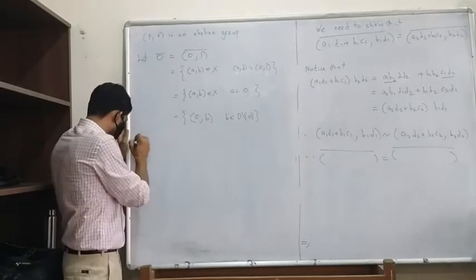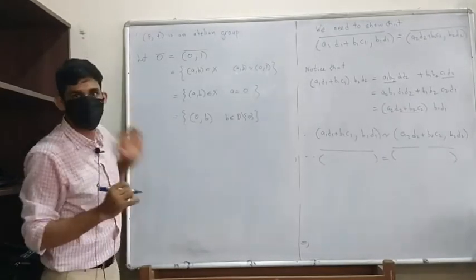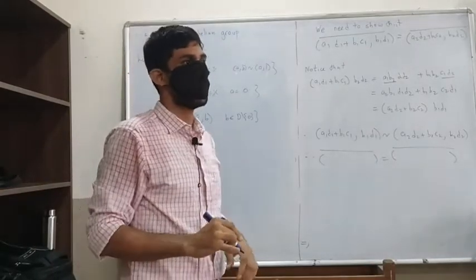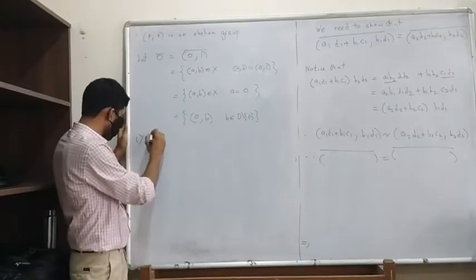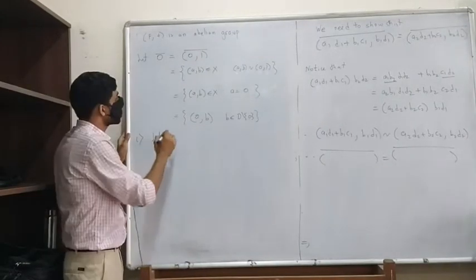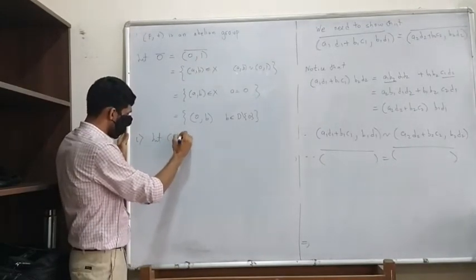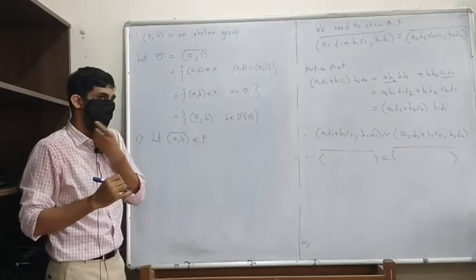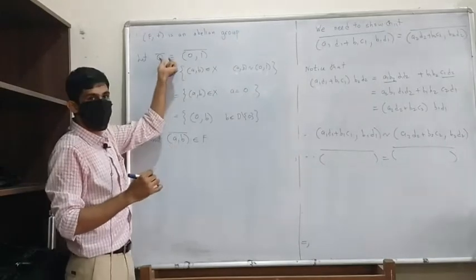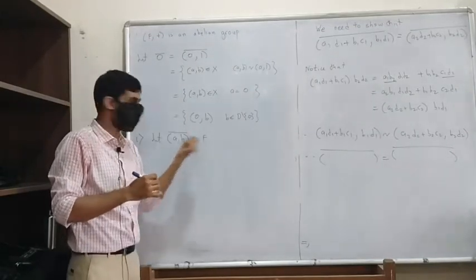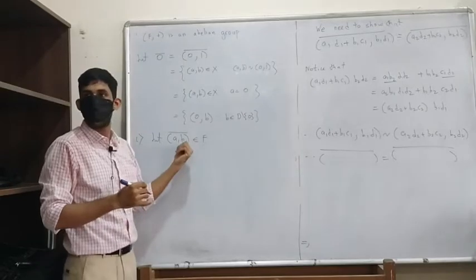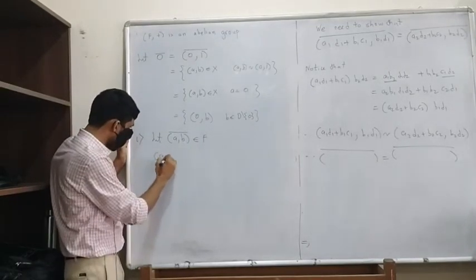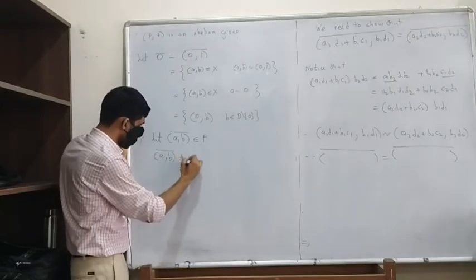So first I need to show that if I add anything to 0, I should get back the element, right? Take any element. Don't get confused with the notation, it's very easy. Take this and add it to 0. I need to show that I get back this element. So what is (a, b) bar plus 0 bar?